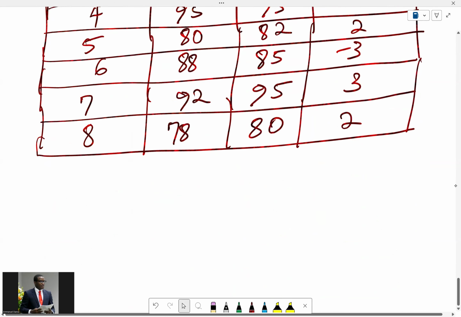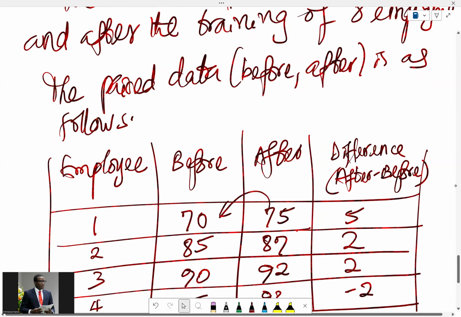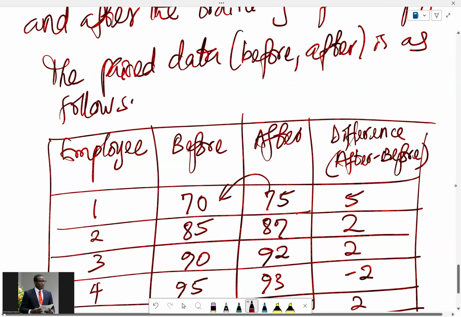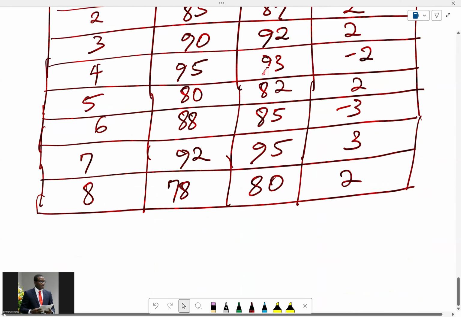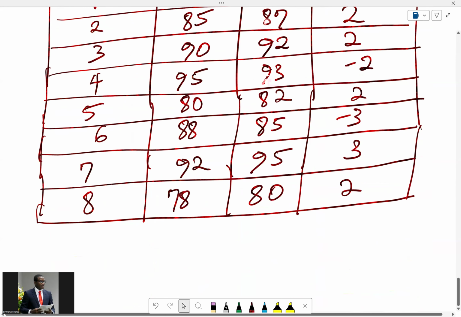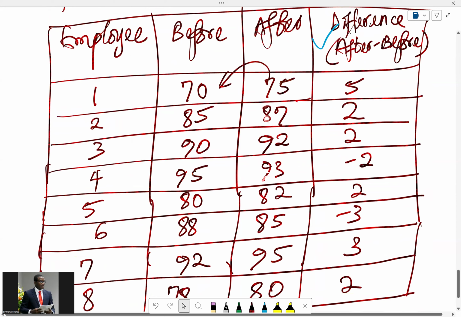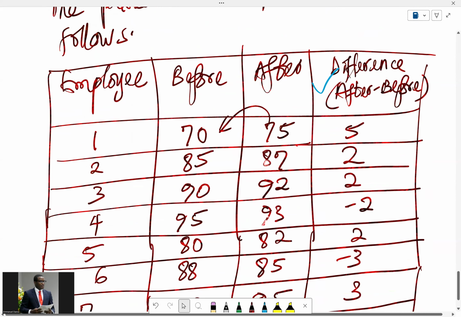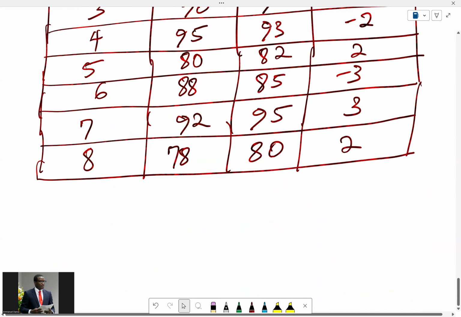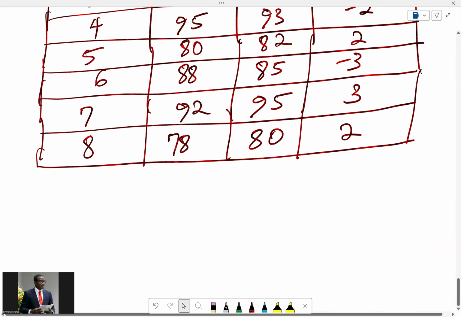So having obtained the difference as we have right here, so what do we do now? So the differences have been calculated. Of course, the absolute differences, right? We need to rank the absolute differences.